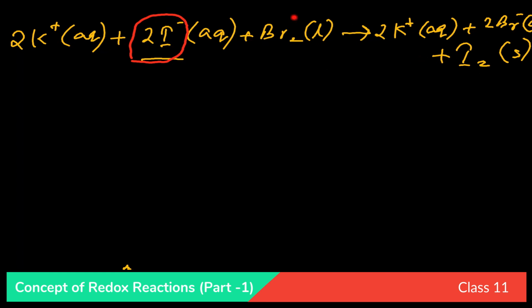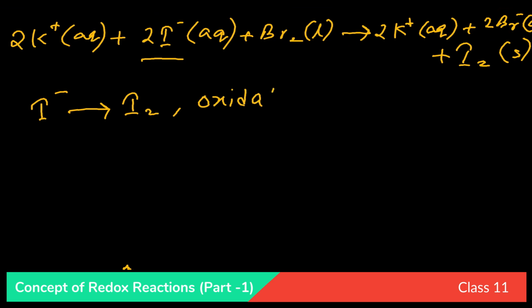And on the other hand, this bromine has accepted electrons to form bromide ion. Okay, so accepting electrons means reduction, and losing electrons is oxidation. So I can say that formation of I- to I2 is a type of oxidation. Okay, this is oxidation.